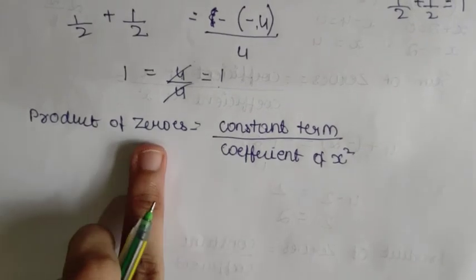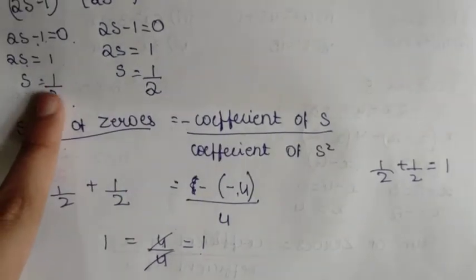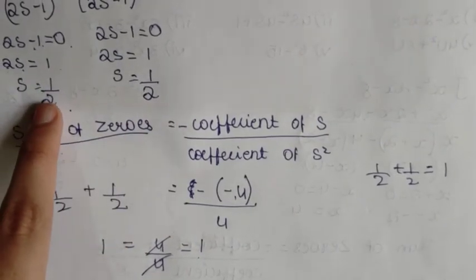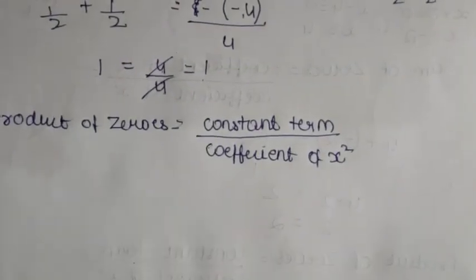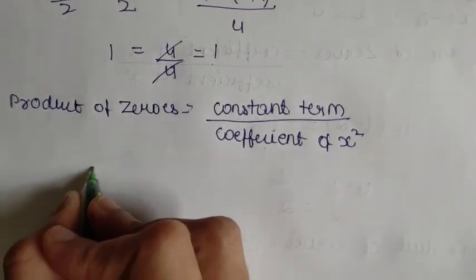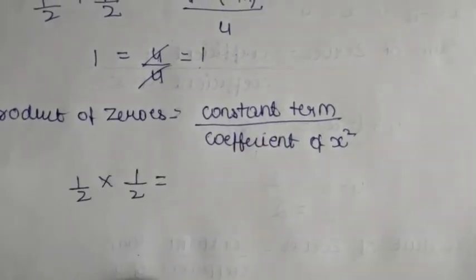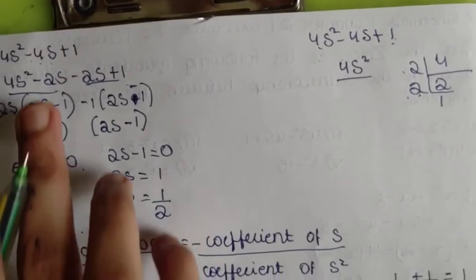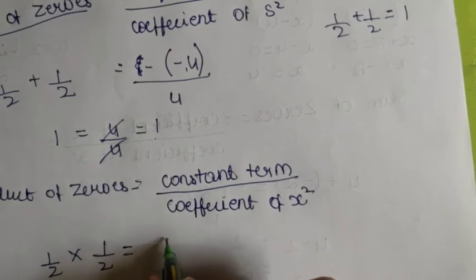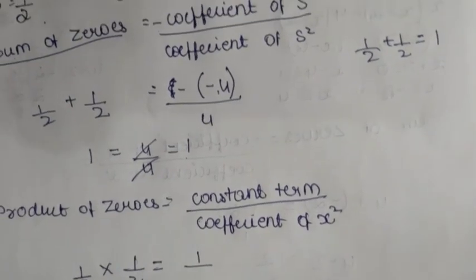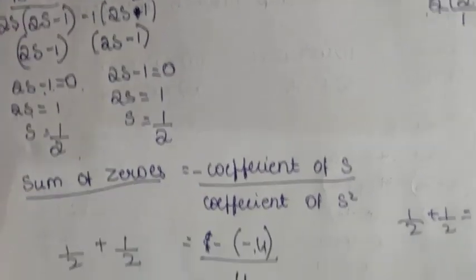Our zeros are 1 by 2 and 1 by 2, so we multiply these zeros, 1 by 2 into 1 by 2. And the constant term here is 1, so I'll write the constant term here. And the coefficient of x square is 4, so I'll write 4 here.